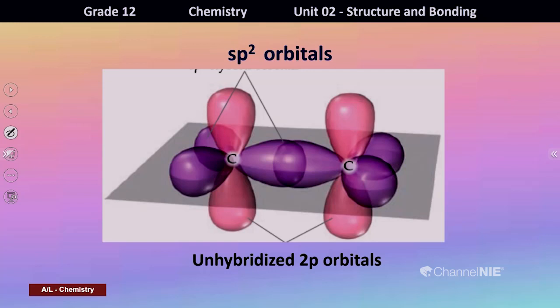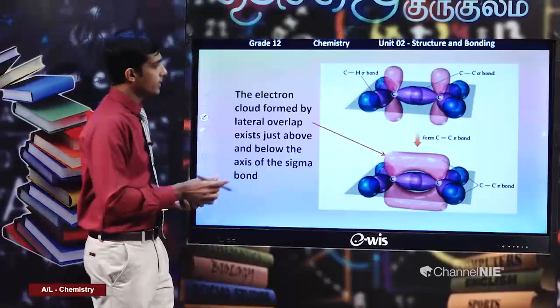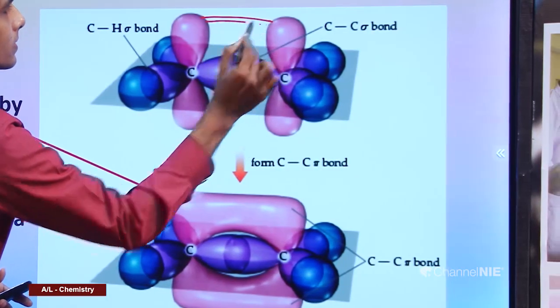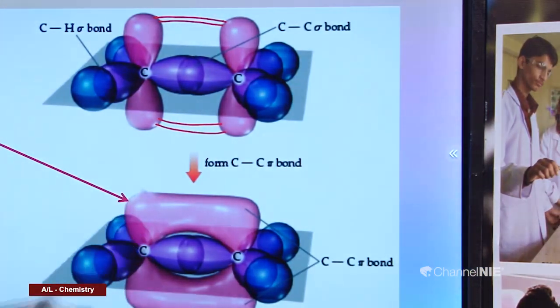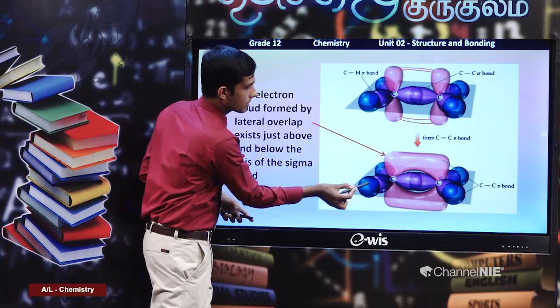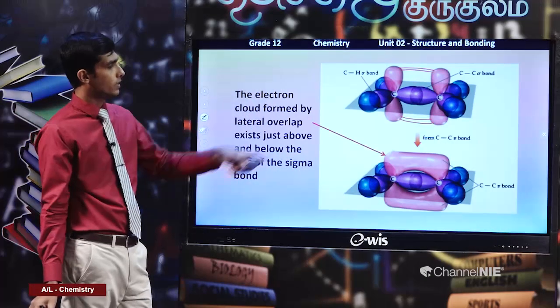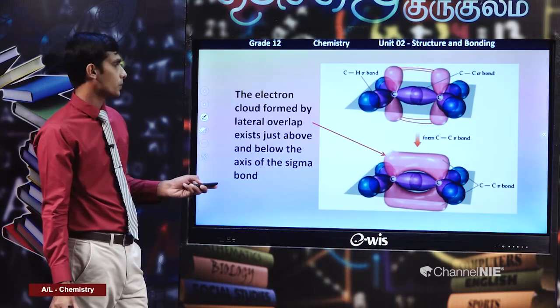Now, this also represents the formation of the sigma bond by sp2 orbitals, and this is a carbon-carbon sigma bond, and the pi bond formed by the lateral overlap we represent simply like this. So, there are 2 electron clouds above and below the plane, and the other sp2 orbitals overlap with the 4 hydrogen atoms. So, this diagram clearly shows you the structure of the C2H4 molecule.